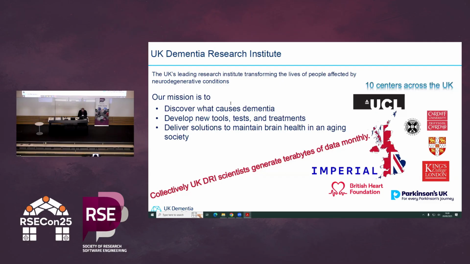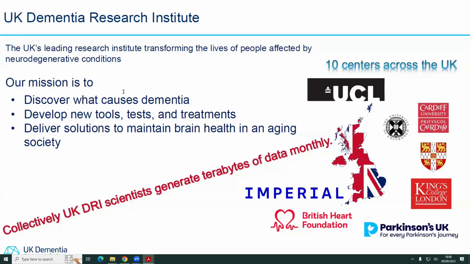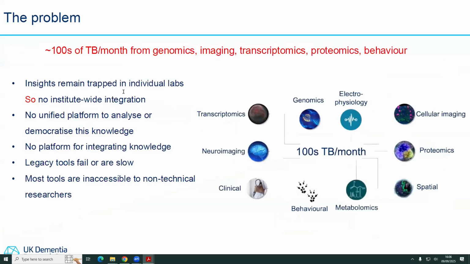So, as I mentioned, UKDRI operates in 10 centers across UK, and all of these centers generate data. I have almost 500 colleagues within UKDRI, and collectively, we generate almost 100 terabytes of data each month.